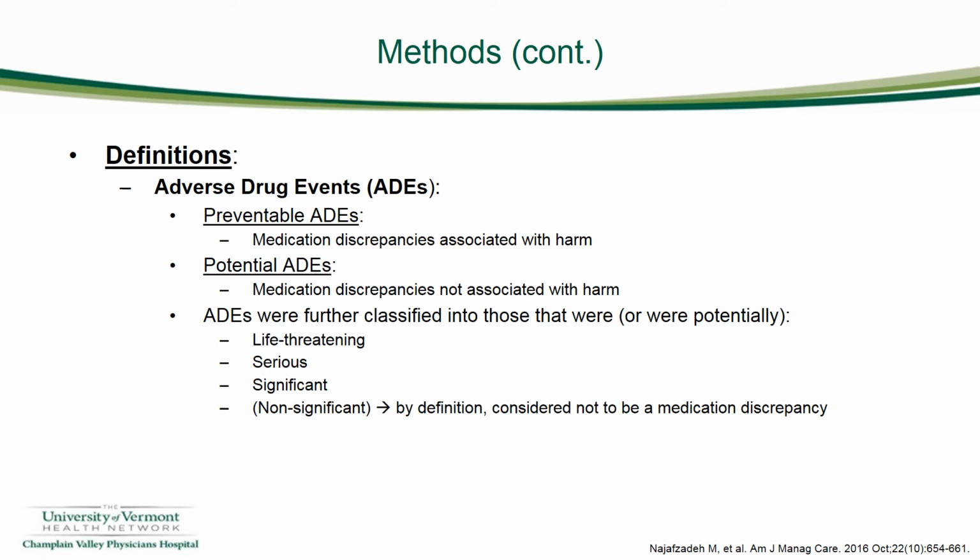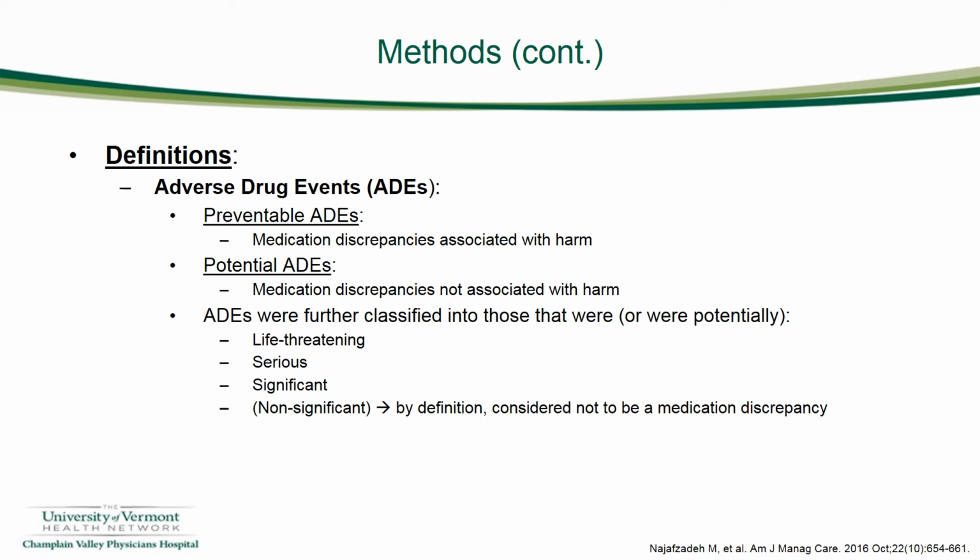Just a quick definition that they used for adverse drug events, or ADEs. They looked specifically at preventable ADEs, which were medication discrepancies associated with harm, and potential ADEs were considered any medication discrepancy that was not associated with harm but had the possibility to be. Further, these ADEs were classified as either life-threatening, serious, or significant.